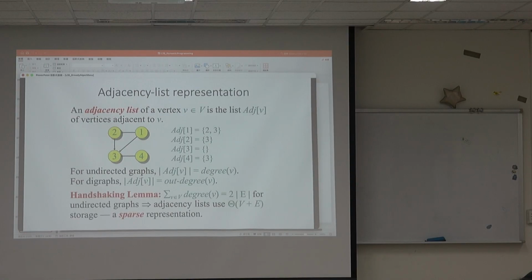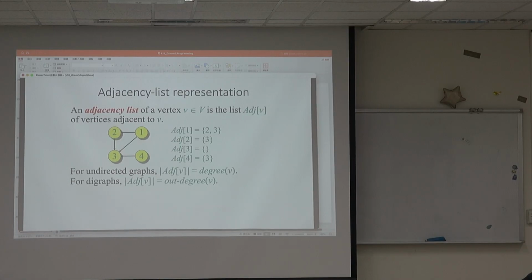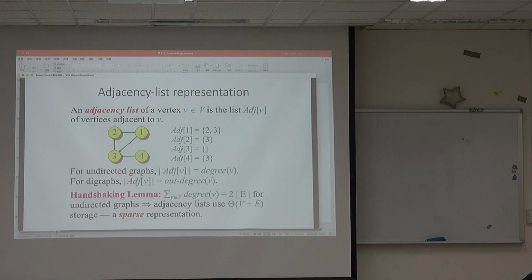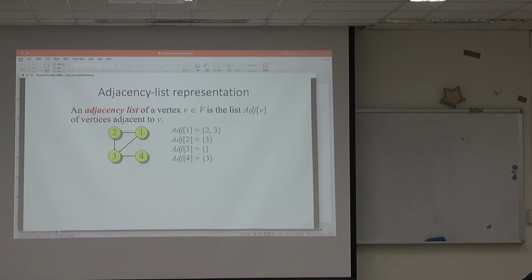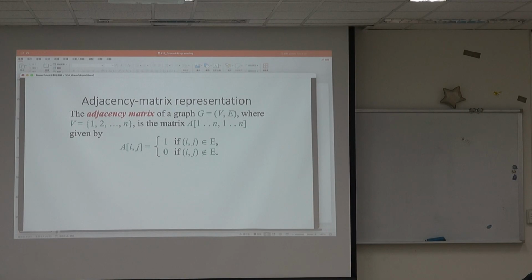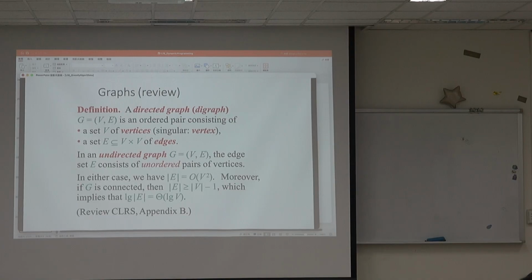That's it for the review of graph theory. If you want more information on graph theory, you need to check the CLRS textbook.